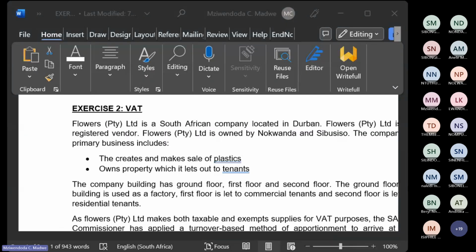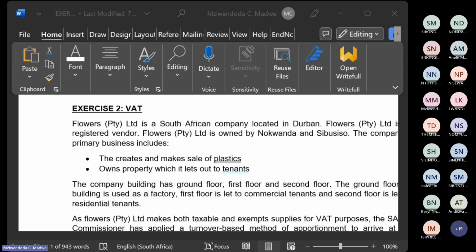The next thing that you have to consider in that 2 million 678,000 is whether this amount is inclusive of VAT or exclusive of VAT. So the first thing that you can do is take that 2,678,130 times 100 divided by 115.